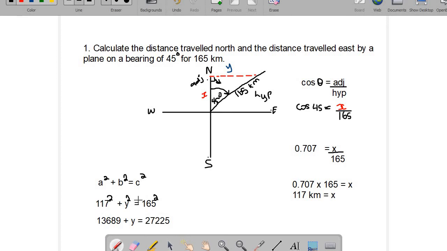Okay, so we can go ahead now and figure out what y squared is. So y squared is going to be, I have to get rid of this number. So what I'm going to do, I'm going to subtract this number from both sides.